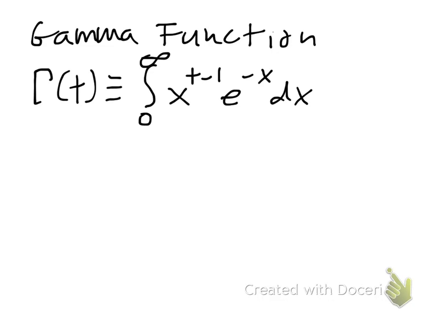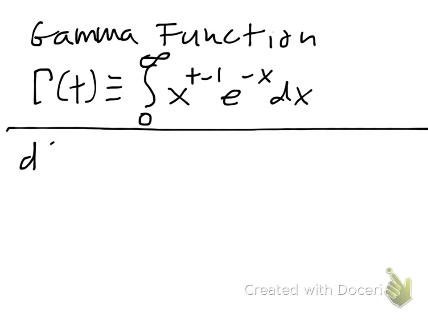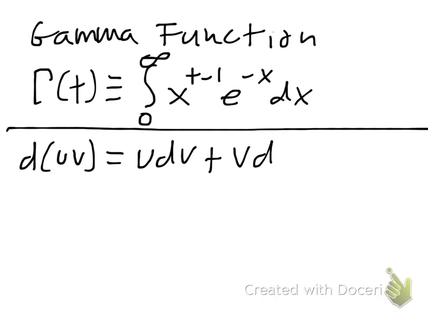Now, how, you might ask, is this the same or related to the factorial function? Well, I'm going to demonstrate that by solving this integral, and what we're going to do is integration by parts. Now, the way I like to think about integration by parts is the following. If we're taking the differential of the product of two functions u and v, the product rule gives us u dv plus v du.